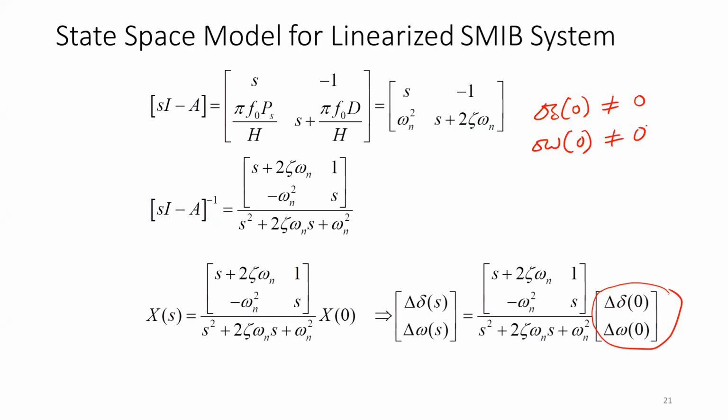Since we are talking about small disturbance and with respect to the rotor angle, according to your Hadi Saadat book, what they have assumed is that the initial value of del delta 0 is not 0, whereas the initial value of omega, or angular velocity, is 0. That means this term becomes 0. So if this term becomes 0, now we have the expression of del delta s and del omega s.